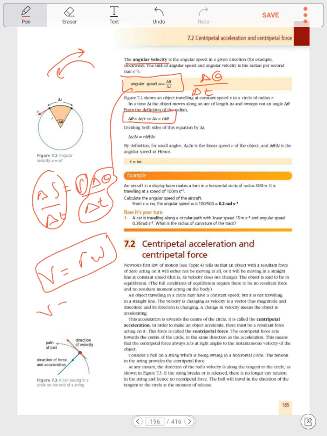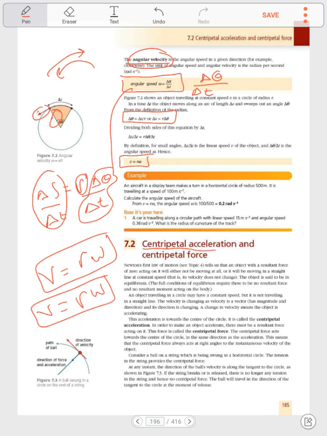So v equals R multiplied by omega. Omega is the angular velocity, v is the speed of the particle at a specific point, and the radius is the same.